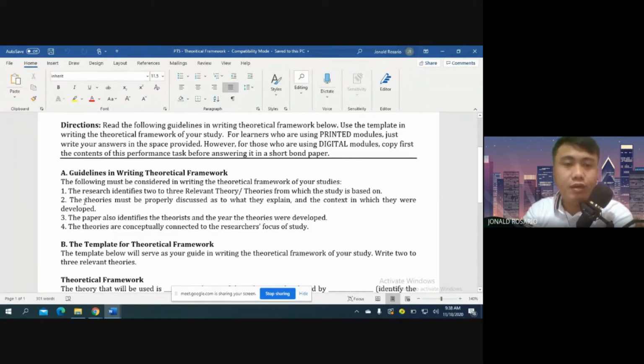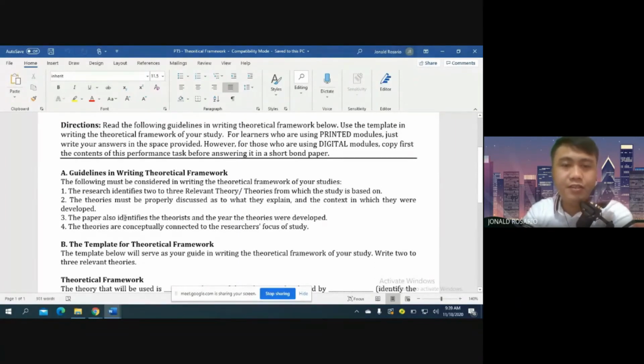Number 2, the theories must be properly discussed as to what they explain. Yan. So, i-discuss natin yung theories. Okay, and then i-contextualize din natin yan kung paano siya na-develop at kung paano natin siya i-relate doon sa ating study. Don't worry, mayroon din tayong template for that.